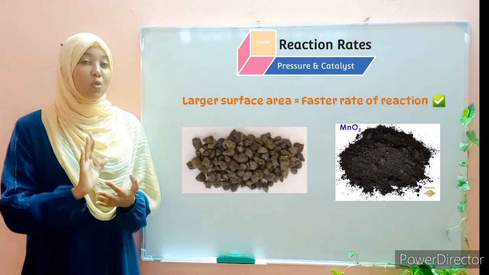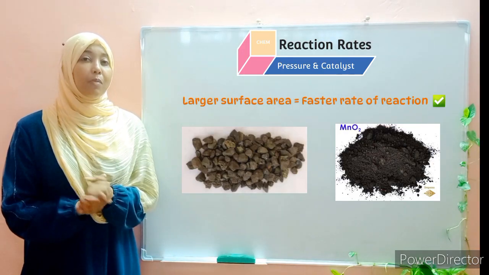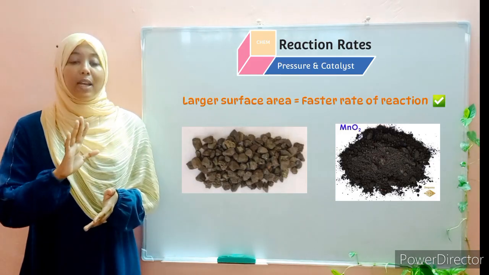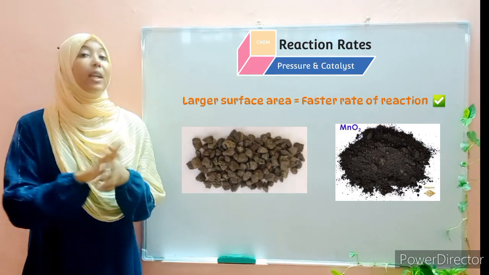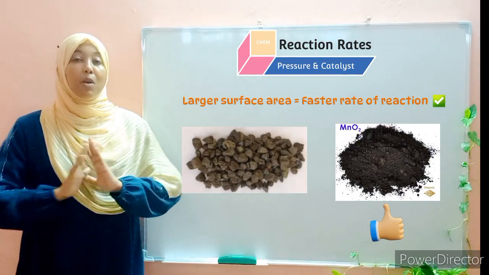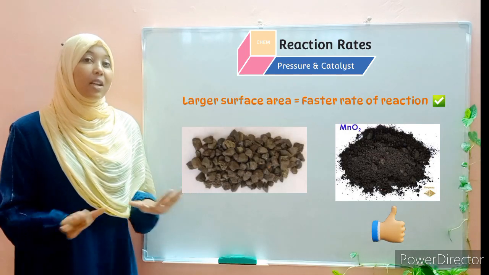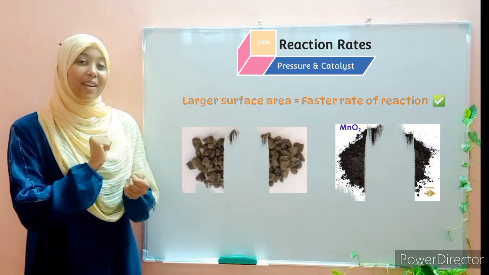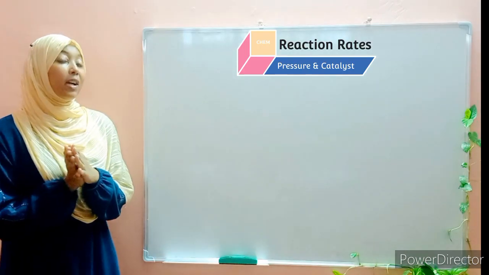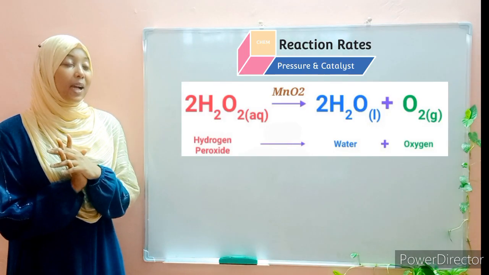Now, I want to make that clear. A catalyst will speed up the rate of a reaction, whether in form of lumps or in powdered form, but it's more effective in powdered form because it provides a larger surface area for the particles to react with one another.